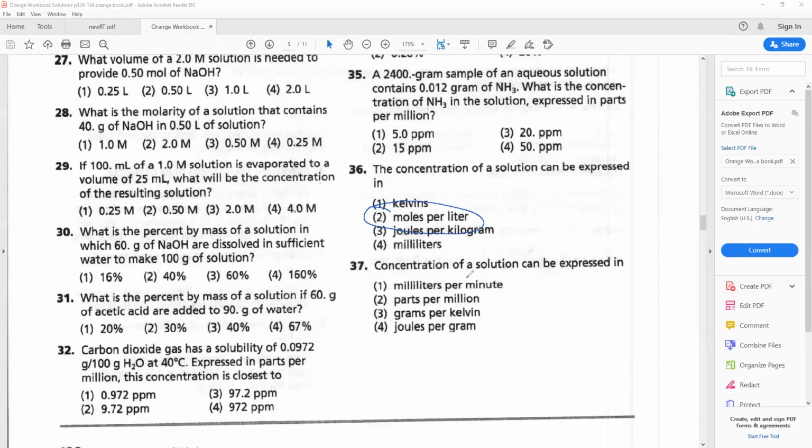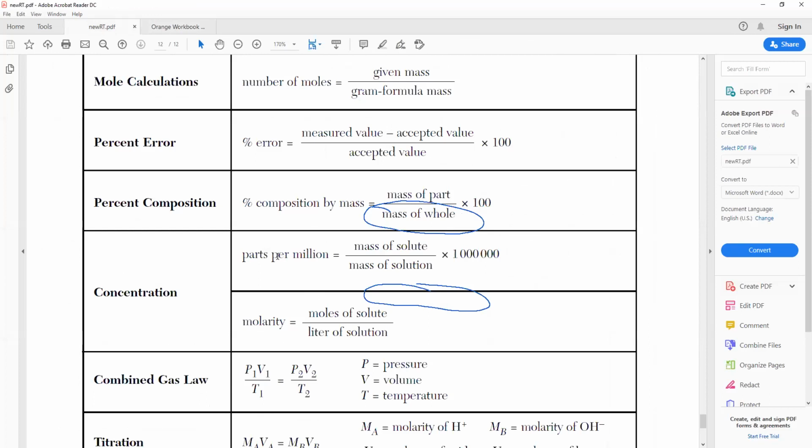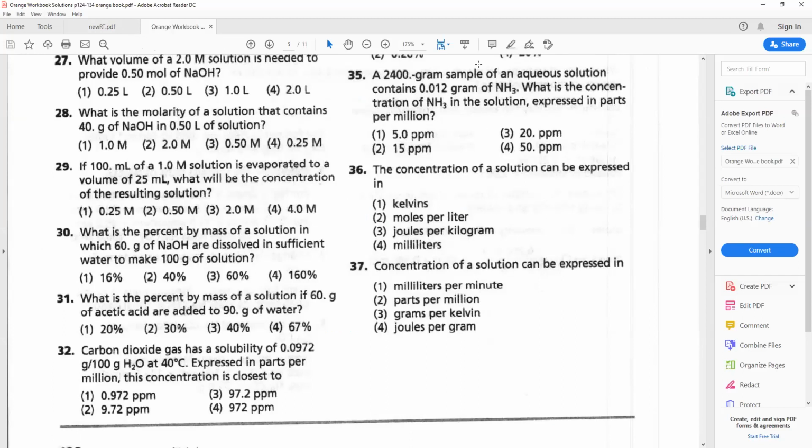Choice 2, the concentration can be expressed in parts per million, and we can see that over here, parts per million, ppm. So number 37 is parts per million, and this is moles per liter, or molar or molarity.